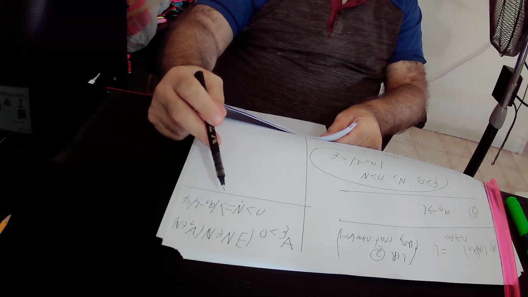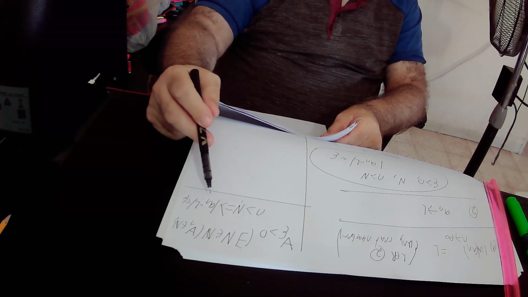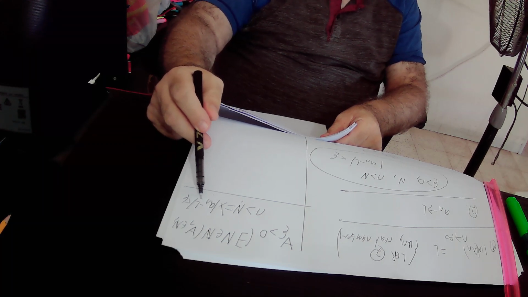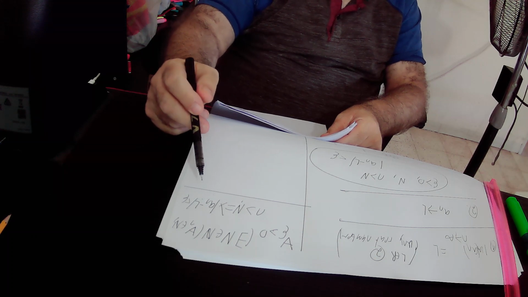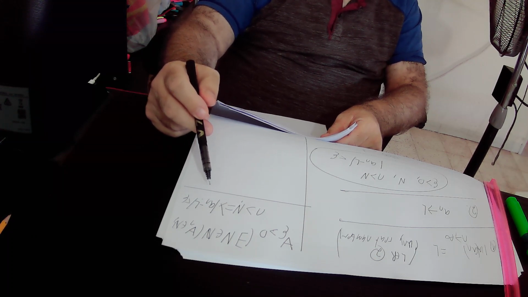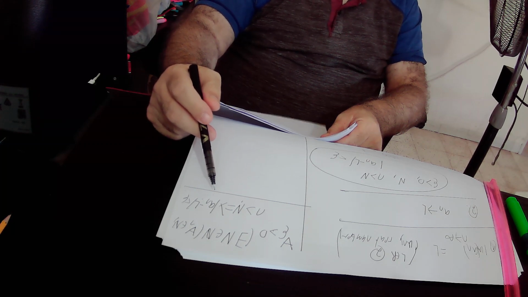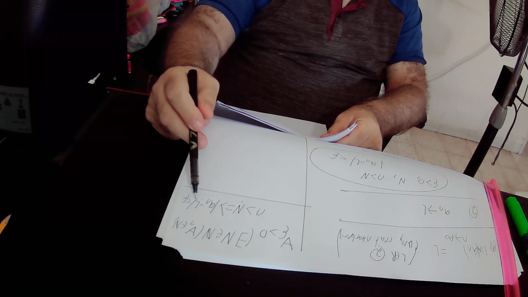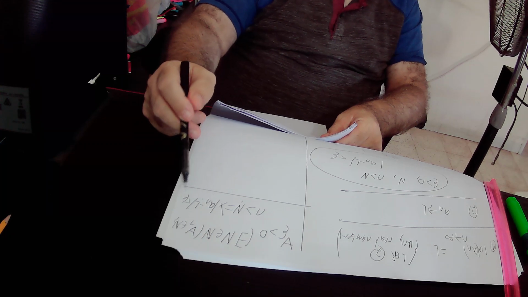Again, the terms of the sequence from the index N onwards are close to the limit L up to epsilon.